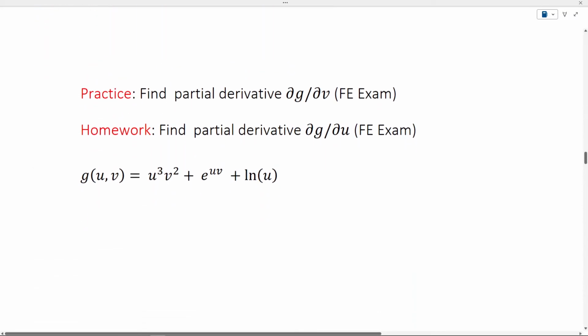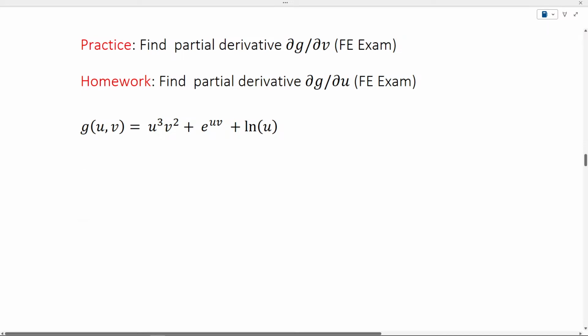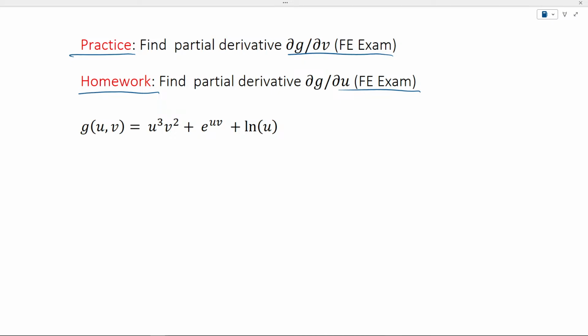Yeah. Here is another partial derivative. So I have this again like FE exam. I have one for the practice and one for the homework. I will solve this in the tutorial. The difference between these two is that, read this problem carefully, because I noticed some of you understand the concept, but you didn't get good grades in the homework because you didn't read the question carefully. So please read these questions carefully.